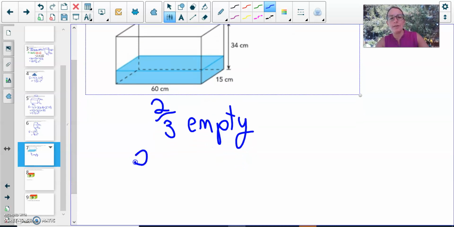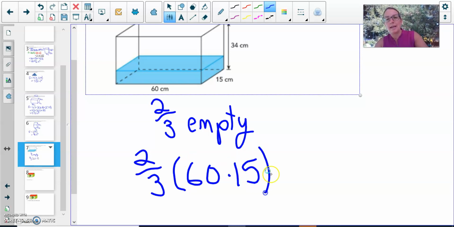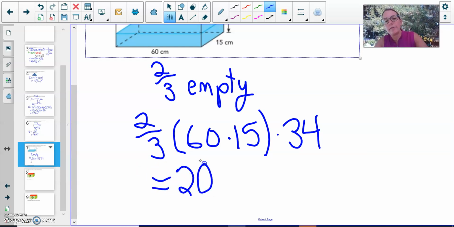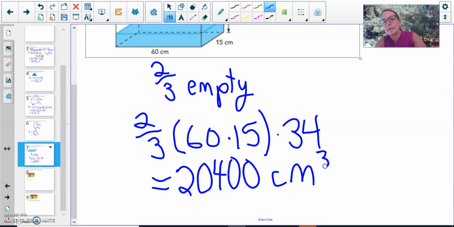I'm going to do 2/3 times the base area, 60 by 15, times the height, 34. Multiplying that out gives me 20,400 centimeters cubed.